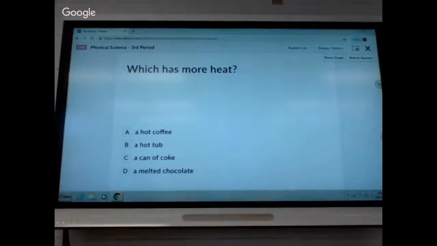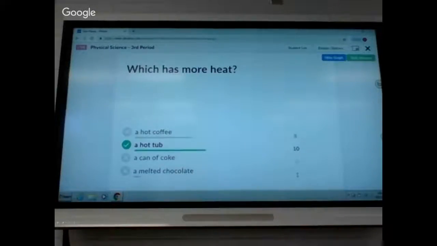Which has more heat? Should be an easy one to end on.